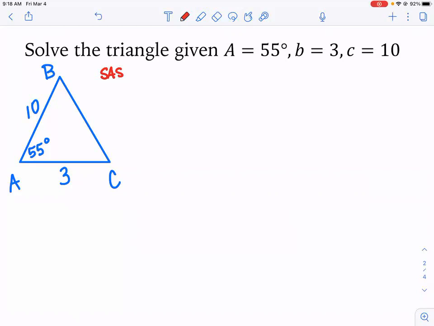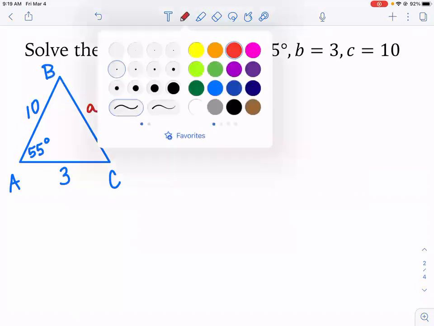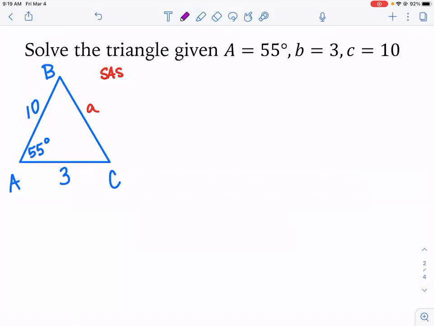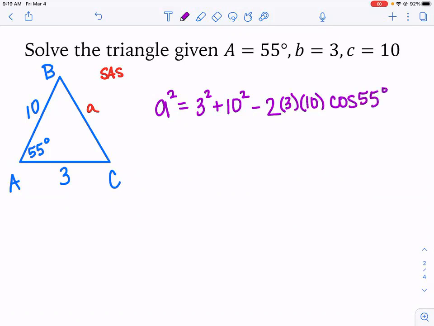Our law of cosines formula has three sides and an angle in it, so the only thing we can solve for right now is side A. Let's find side A. The law of cosines is a squared equals b squared plus c squared minus 2 times b times c times the cosine of A.